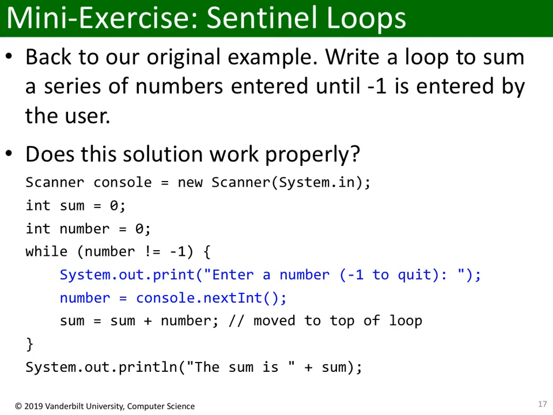Does this work? Hopefully at this point you know the answer to that question is no, because we are getting -1 at some point. The user is going to type in -1, and we wind up with getting -1 as our number, as the value for our variable number.